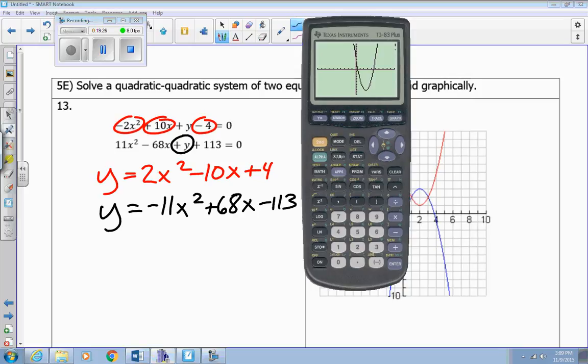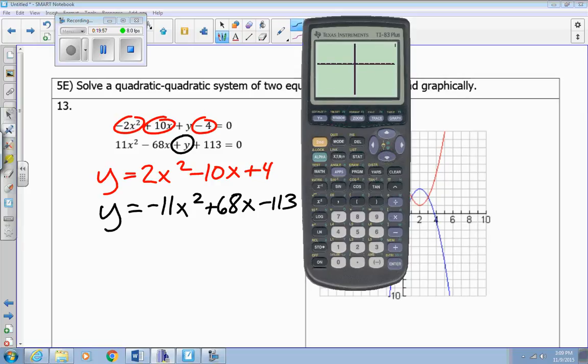So I don't really know what's going on at the bottom of the picture. So I'm going to try to zoom out. I go to zoom out, hit enter. I'm going to move the tracer closer to where I want to zoom out at. Maybe I should zoom in. I don't know. Let's try to zoom out first. All right.